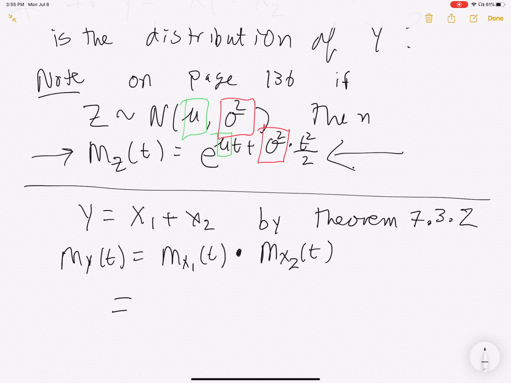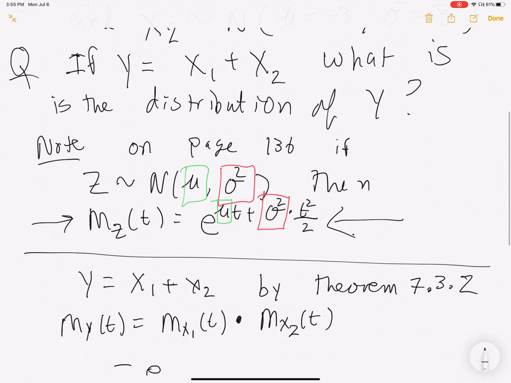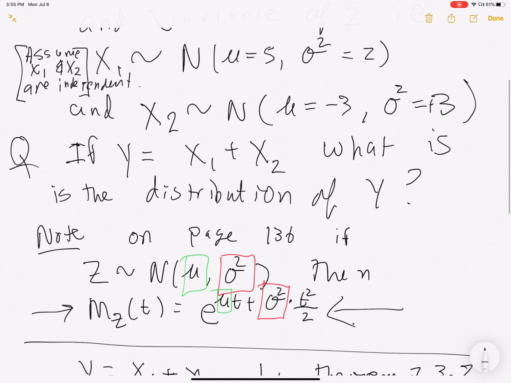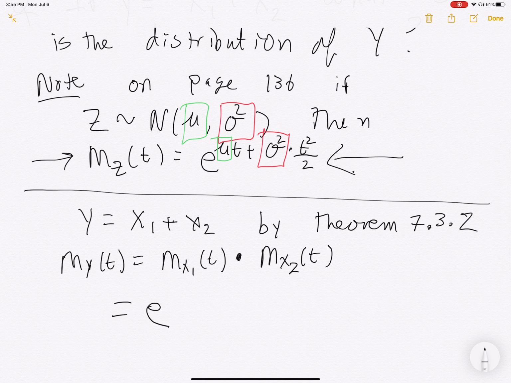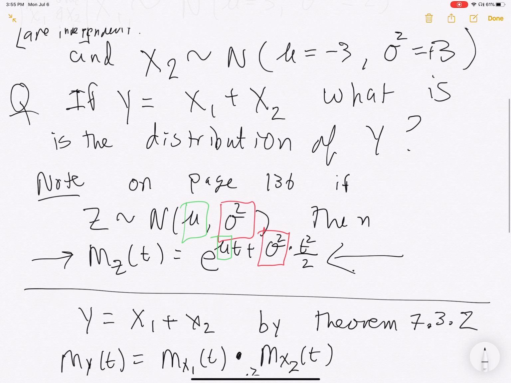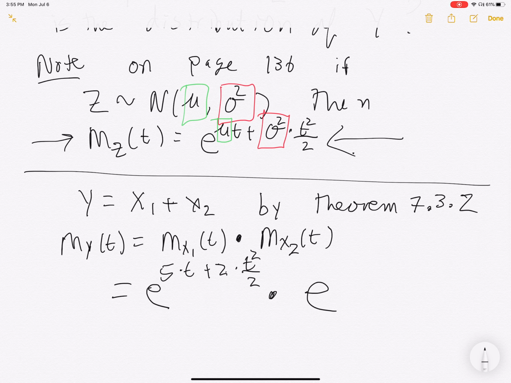Okay, so the moment generating function of X1 is going to be e. Okay, and we have to look at its mean and its variance. So X1 has mean 5, variance 2. e to the 5 times t plus 2 times t squared over 2. Now the moment generating function of X2 is going to be e, and it has a mean of -3 and a variance of 3.